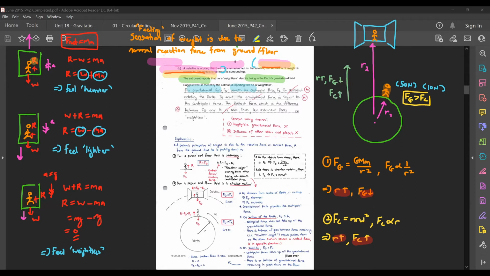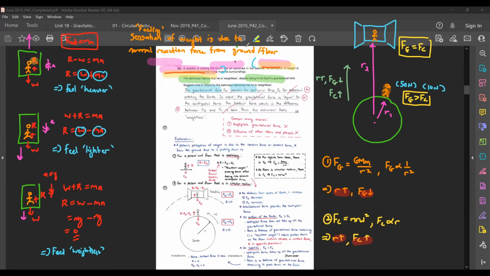At a certain point when you reach your satellite, orbiting in a circular orbit around the Earth, gravitational force equals your centripetal force.